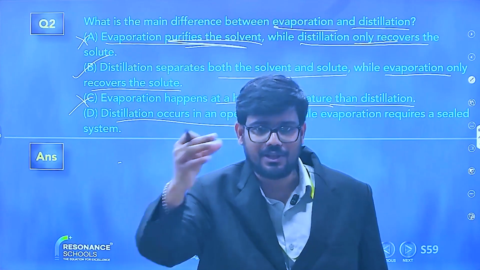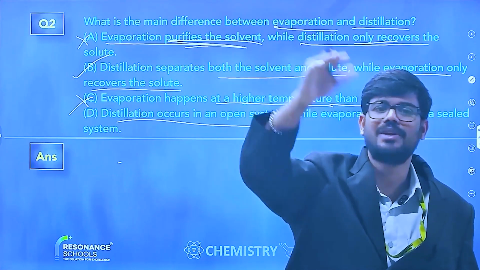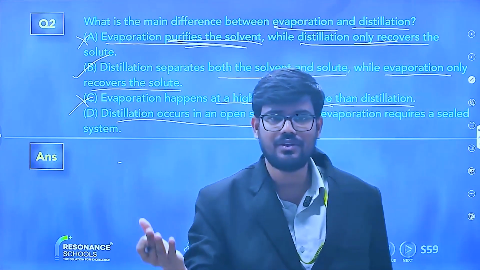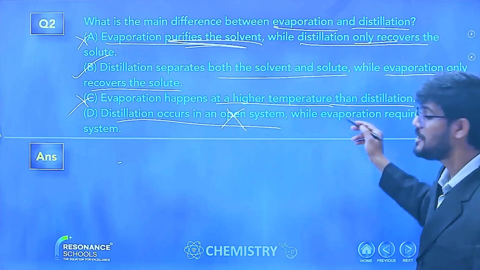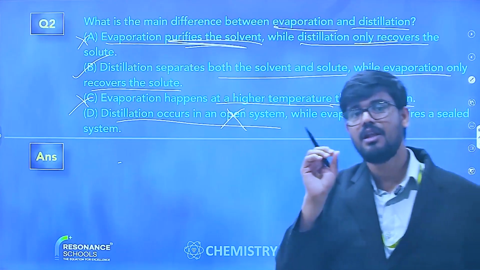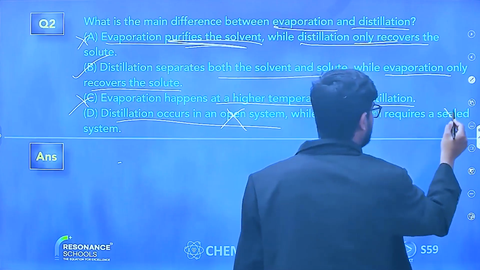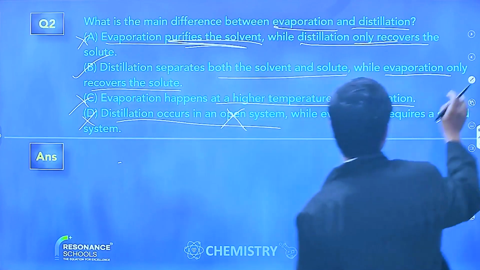Otherwise, if it is an open system, that vapor is in the air and you cannot collect it. So this should be a closed system, and evaporation will always be in an open system. But here it is saying sealed system. So that's why this is also wrong. So the correct answer should be B.